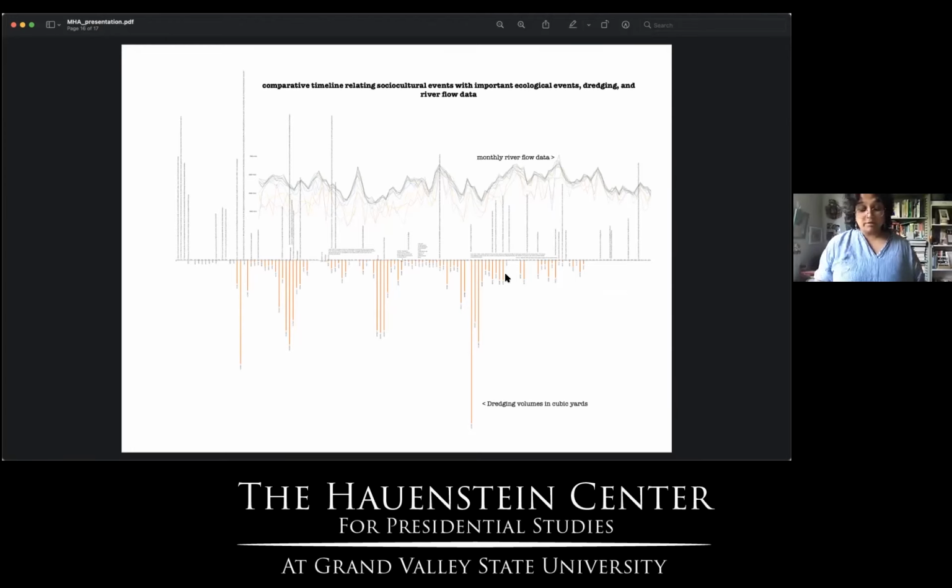For instance, look at this graphic, which is visualizing river flow alongside dredging, as well as major socio-cultural events. Looking at this graph, it's easy to see that the years of peak flow actually saw the least amount of dredging. Now, I don't know why that is, but at least I know that this happened. And it lets me ask the question of why did this happen?